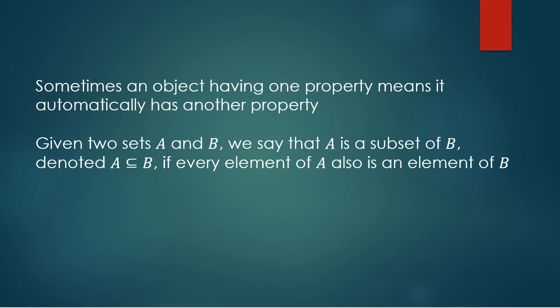So given two sets A and B, we say that A is a subset of B, and we denote it with this odd stretched out looking C, and then with a horizontal line directly underneath it. And we say that A is a subset of B if every element of A is also an element of B.